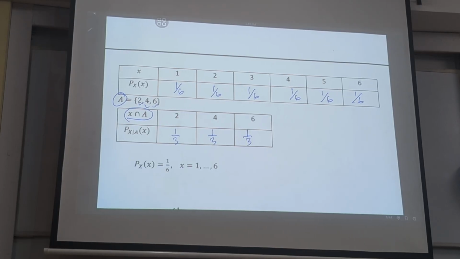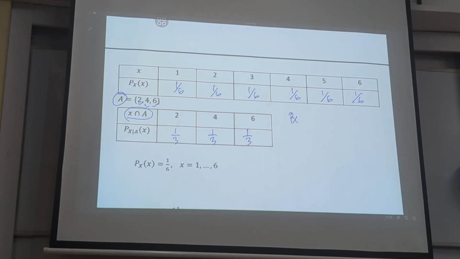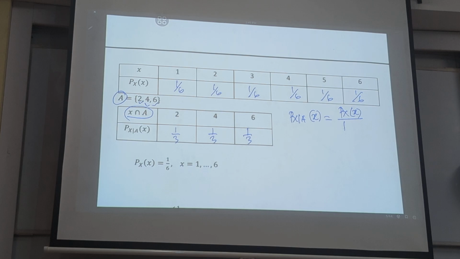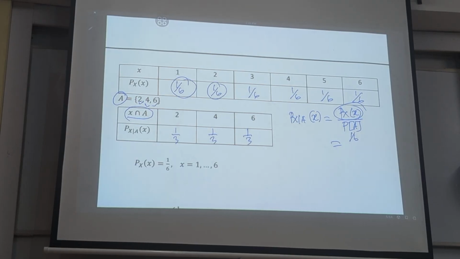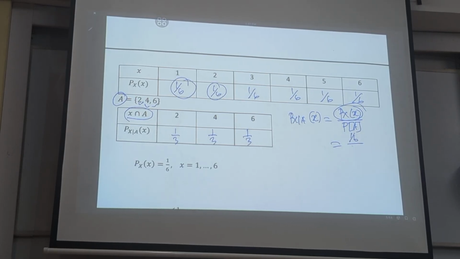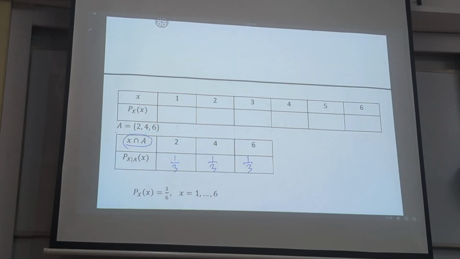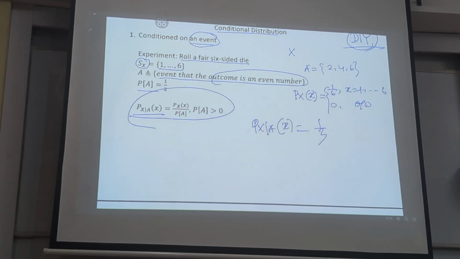How is this known? Because for the PMF of X given A, we take the unconditional PMF of X divided by the probability of A. For any value of X, the probability is 1/6. For example, for 2, it is 1/6 divided by the probability of A. Now the question is why the formula is there.